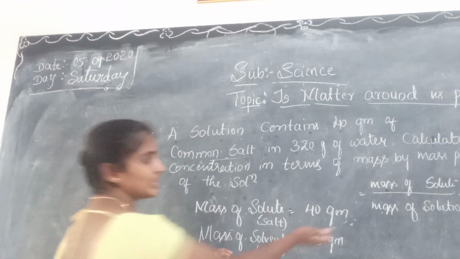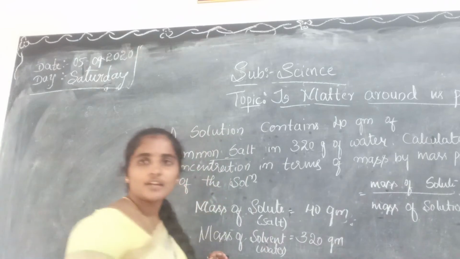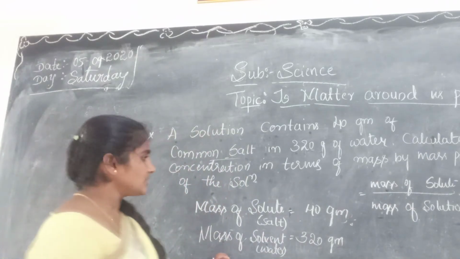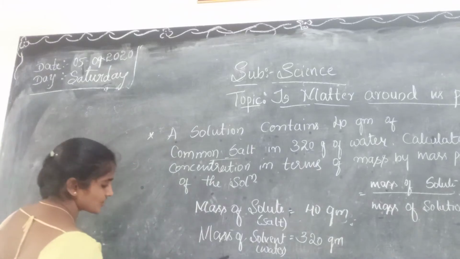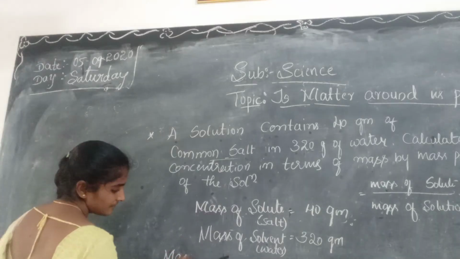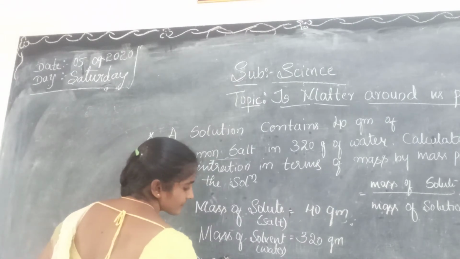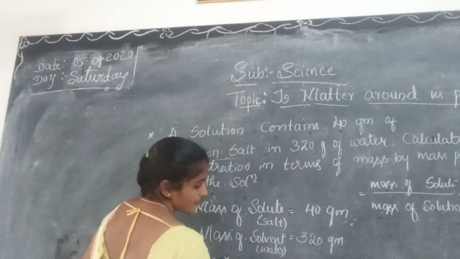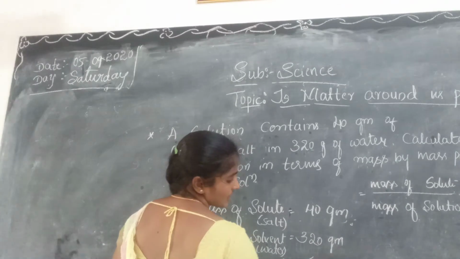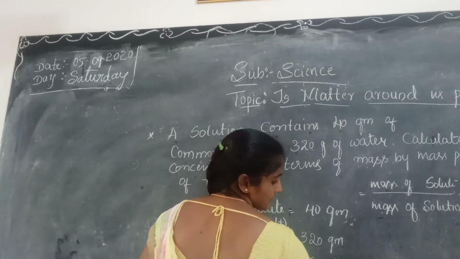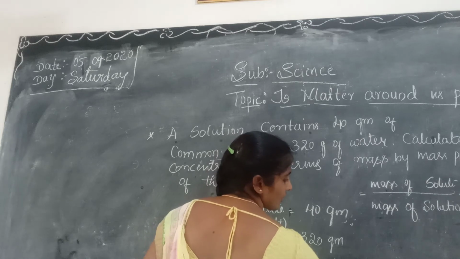First we find the mass of the solution. The formula to find the mass of solution is mass of solute plus mass of solvent.